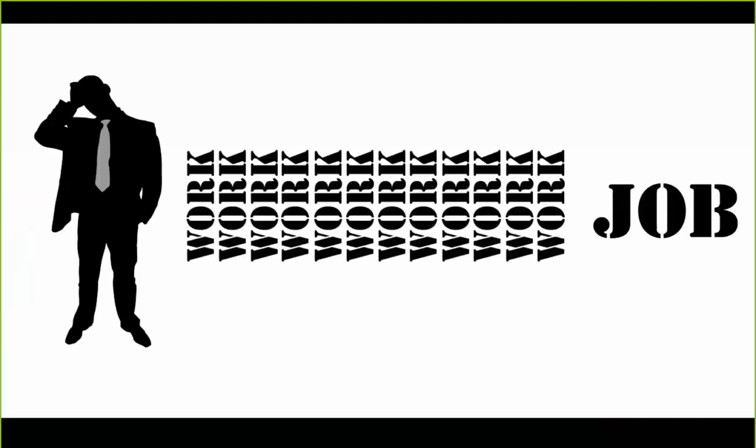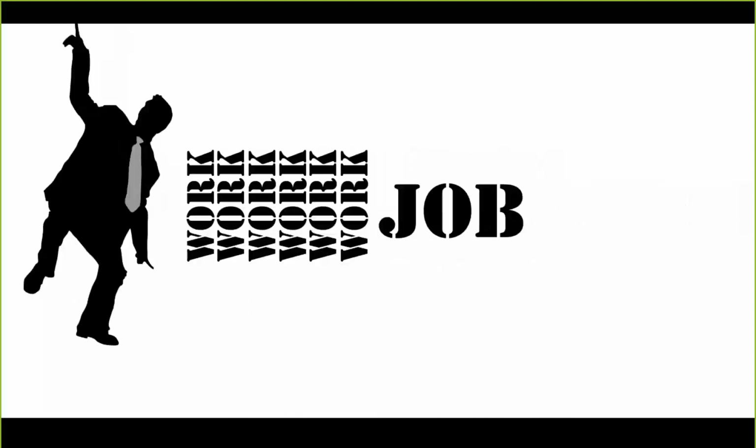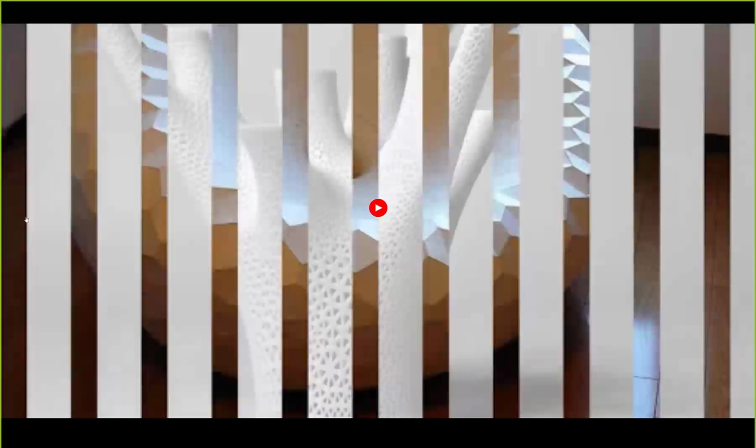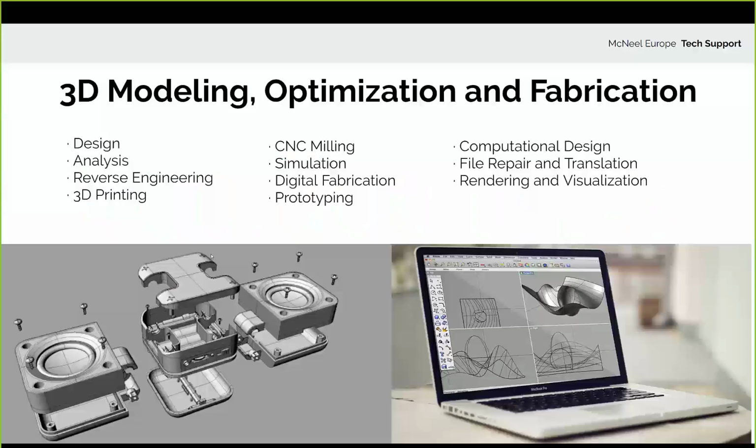We have architects working with Grasshopper, we have designers, we have engineers, and a lot of these industries around. So we are 400,000 users around the world, between students, professionals, teachers, schools, and developers. And why are they using Rhino?